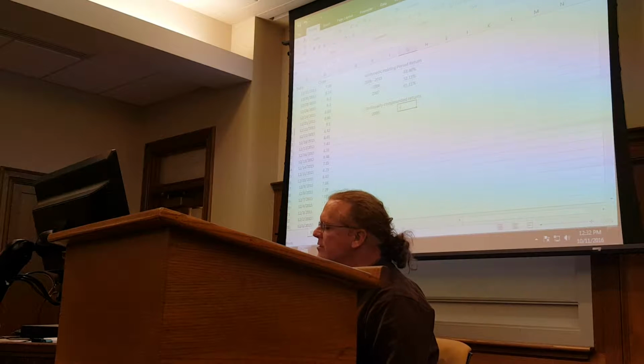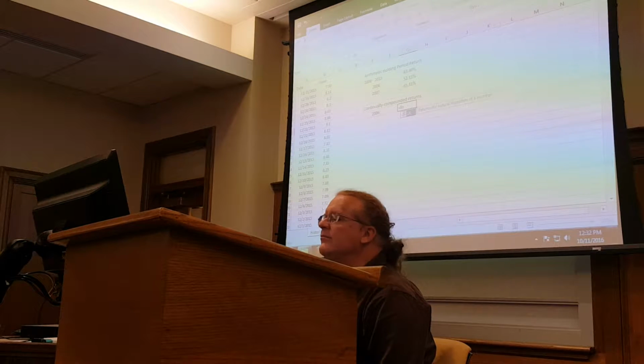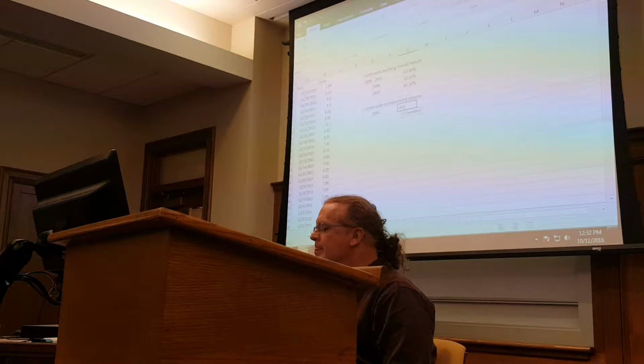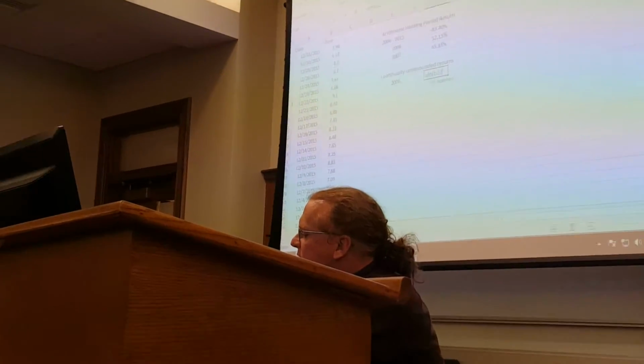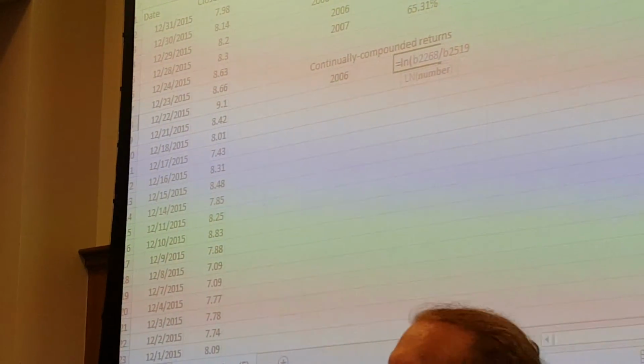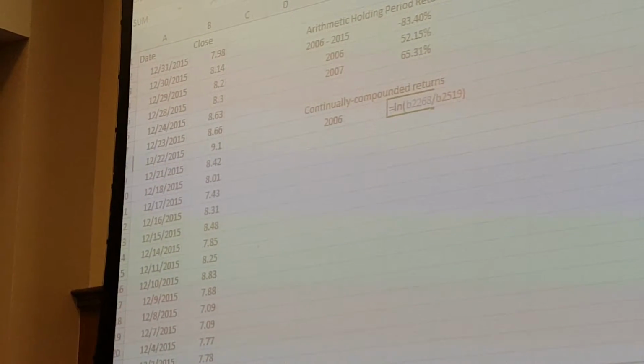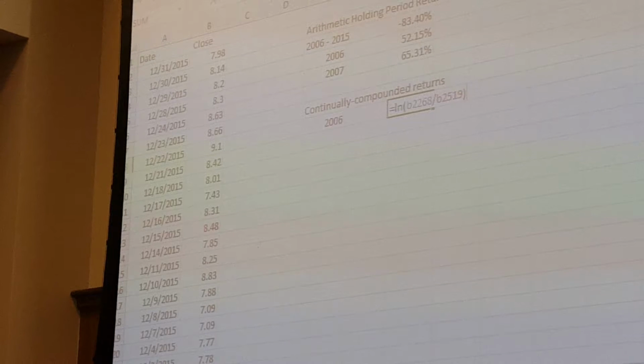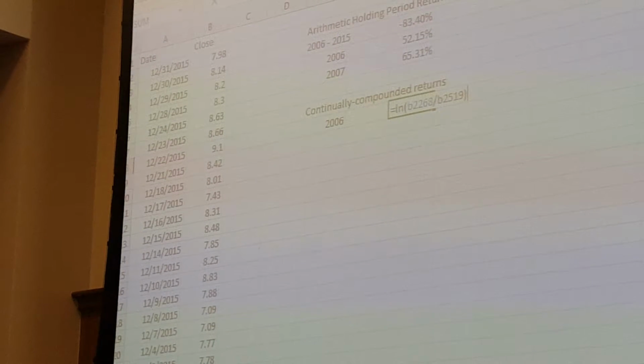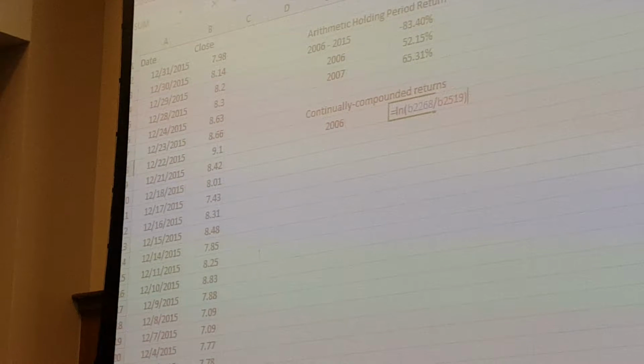So all you have to do is equals ln for natural logarithm of B $22.68 divided by B $25.19. So that $25.19 is the price at the end of 2005. $22.68 is the price at the end of 2006.